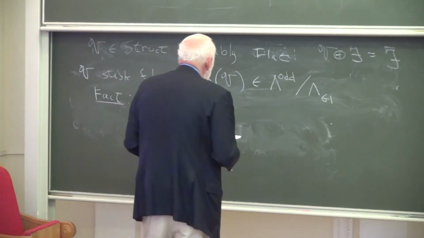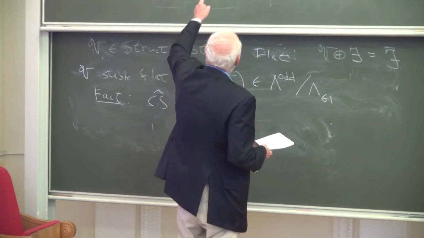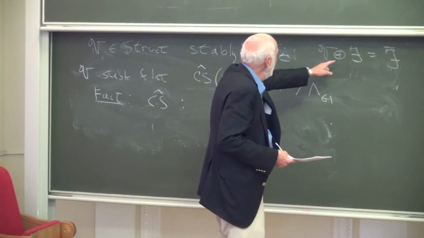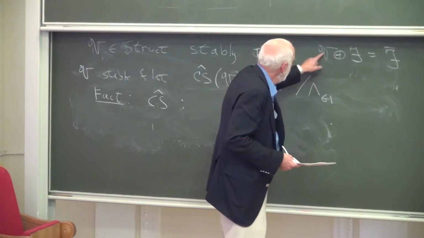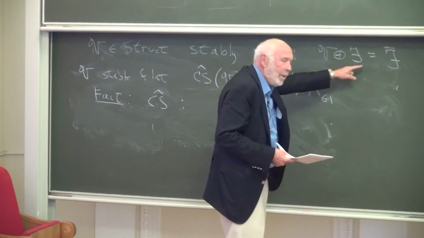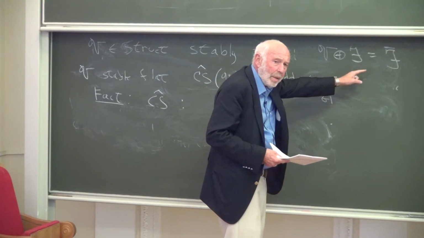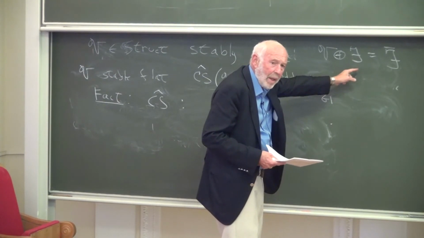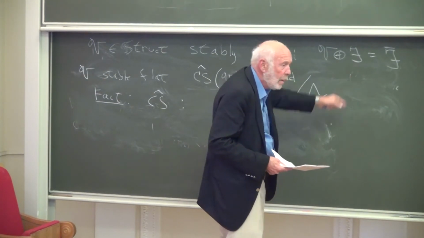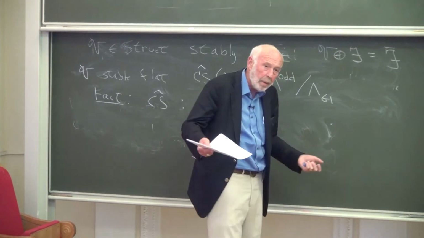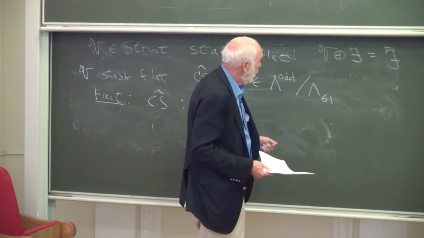See, notice that this is the kernel. If it was just bundles, this is the kernel in K theory. This goes to zero in K theory, ordinary K theory, right? Anything stably trivial, it's trivial. I mean, it goes to zero.